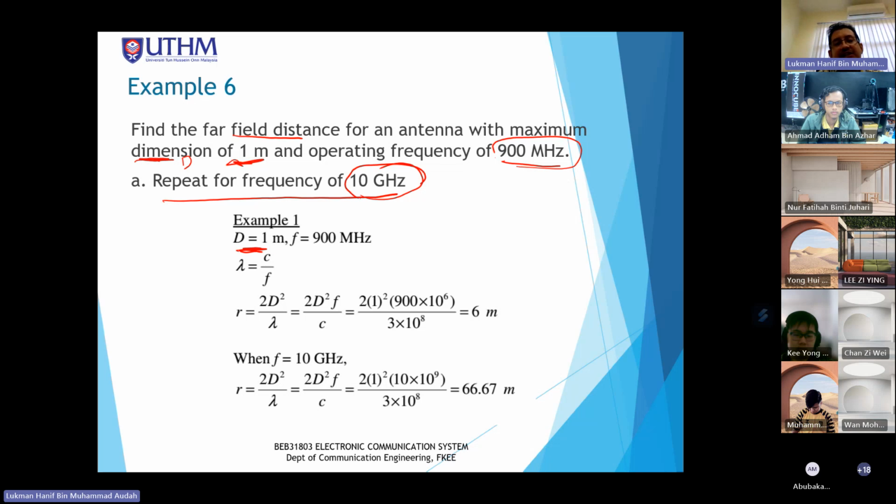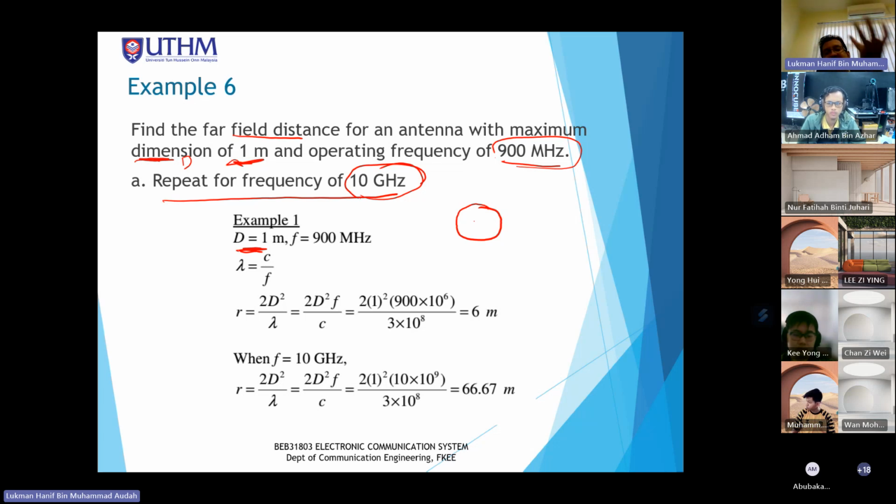In your lecture notes, we assume that the surface of the antenna is in the form of a circle. So imagine a parabolic antenna, like the Astro antenna. The Astro antenna is a parabolic shape, right?